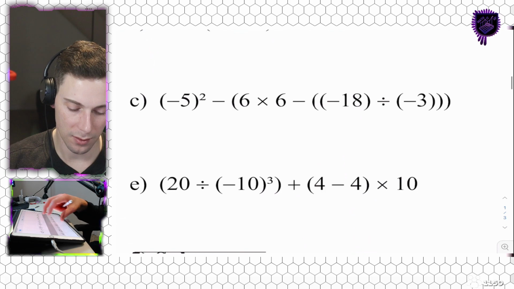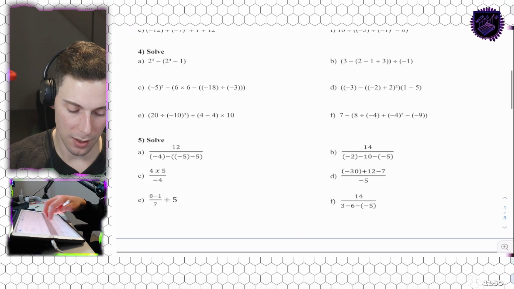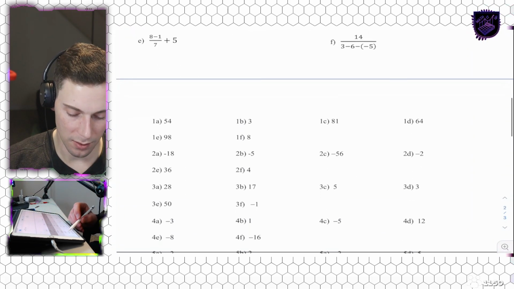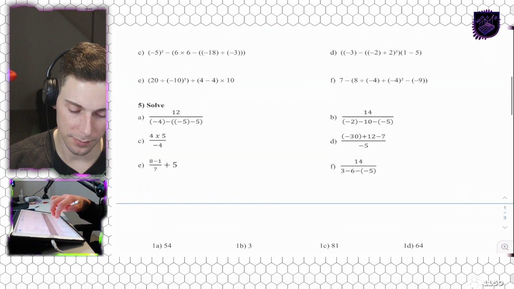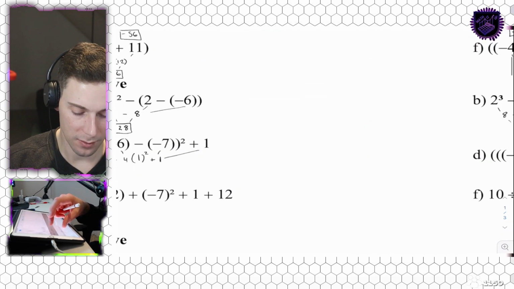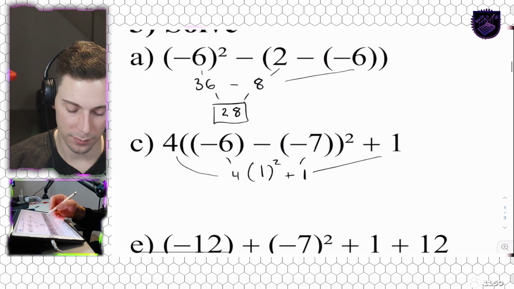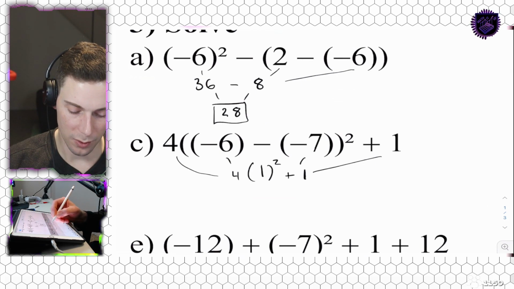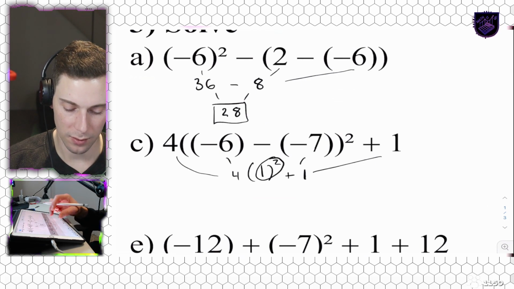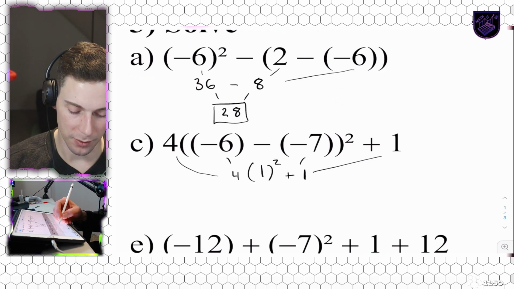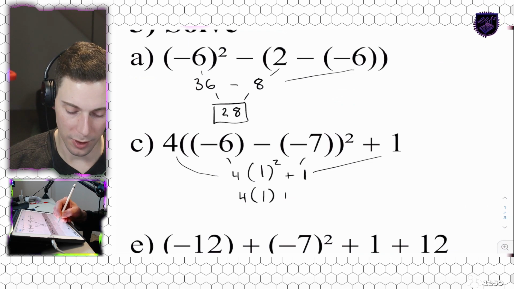3C5. Okay. So you're going to square it first, which is going to be equal to 4, 1, plus 1. And then you're going to multiply 4 times 1, which is 4, plus 1.